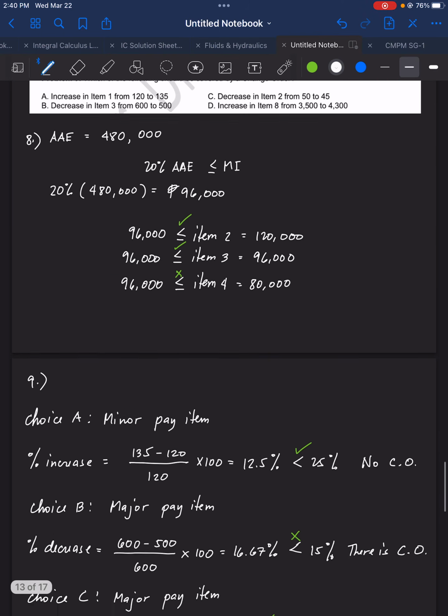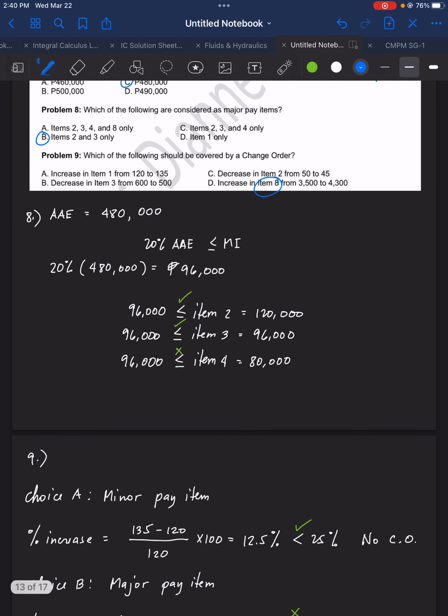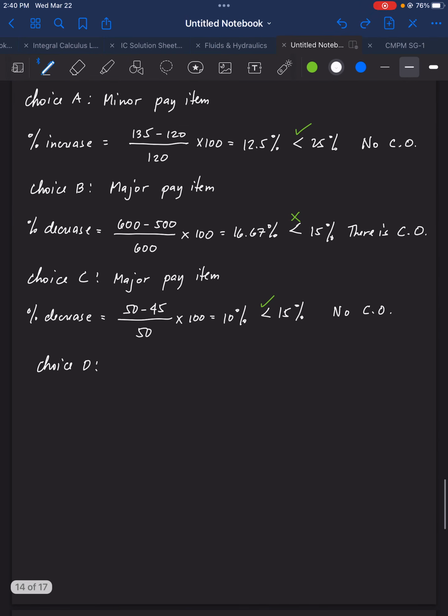Choice D is item 8. Item 8, a minor item, increases from 3,500 to 4,300. Okay, so choice D, minor pay item. So we have here the percent increase from 3,500 to 4,300.